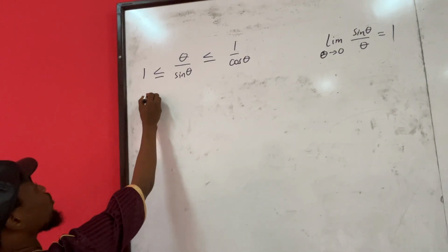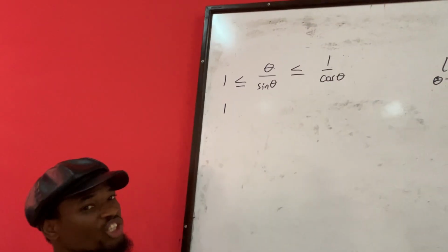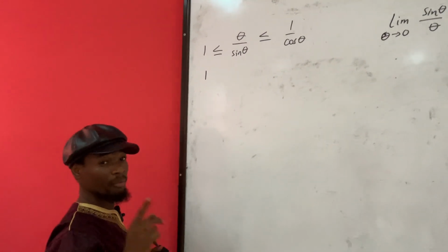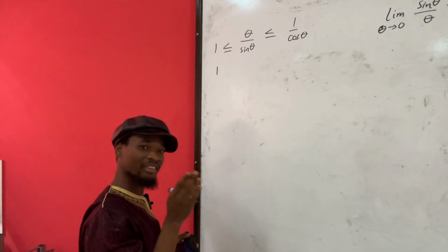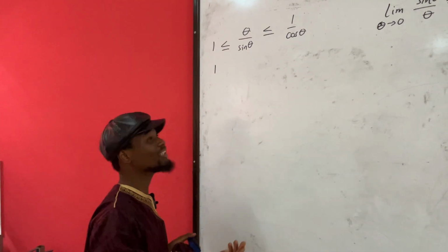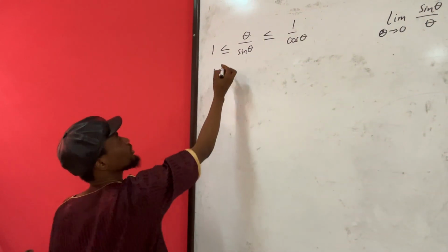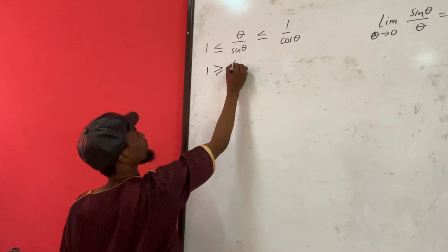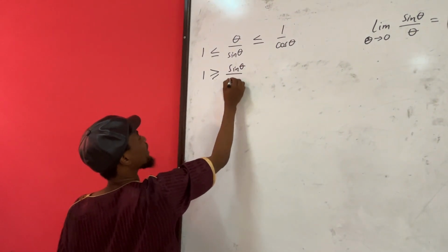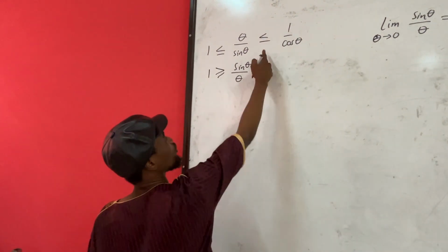So I'll say 1, because we are flipping, we will also reverse the inequality sign. Remember, when you are multiplying or dividing by a negative, the inequality sign reverses. The same also applies over here. So once you flip, you reverse. So here it tends to greater than or equal to what? Then I have sine theta over theta in order to suit this. So you also flip this.